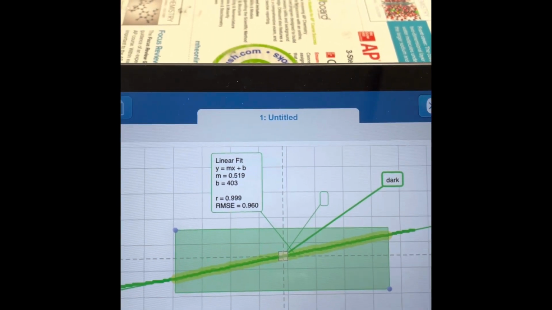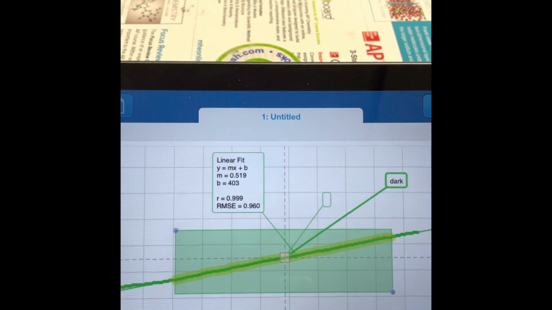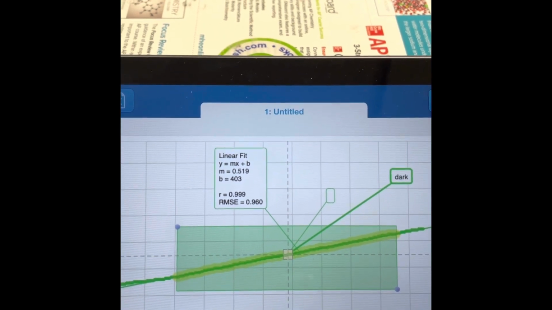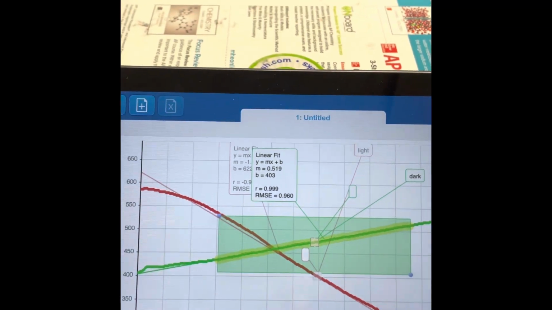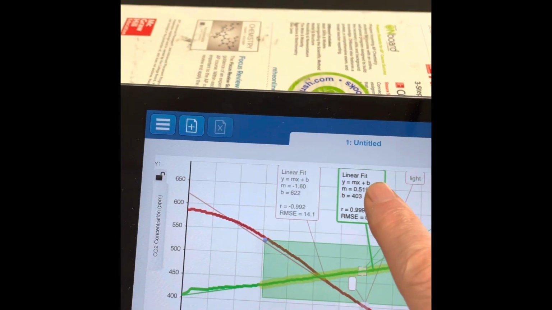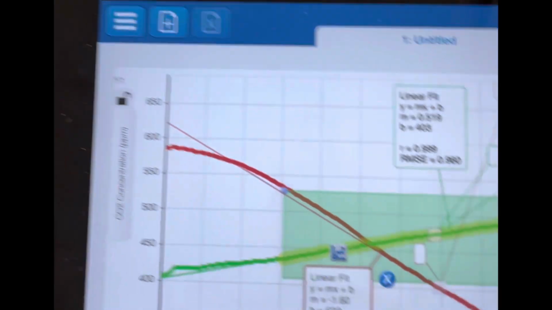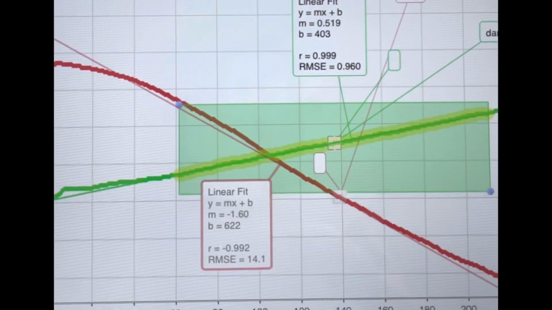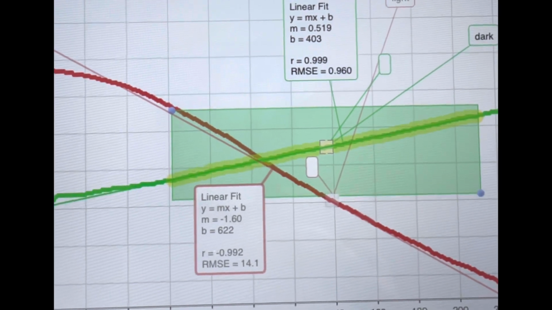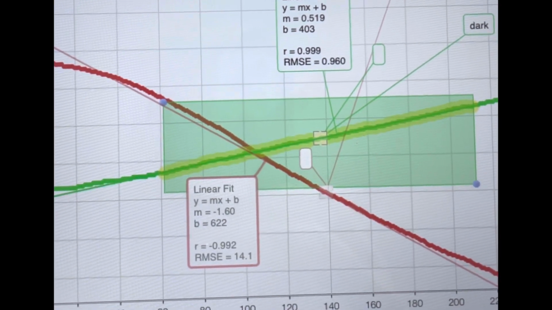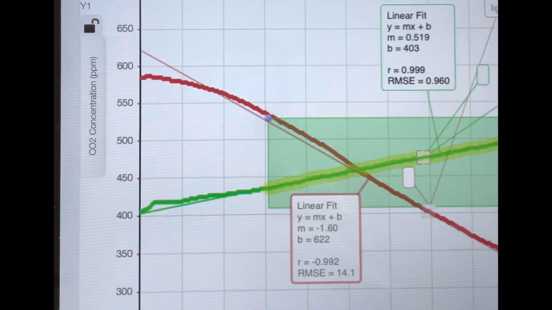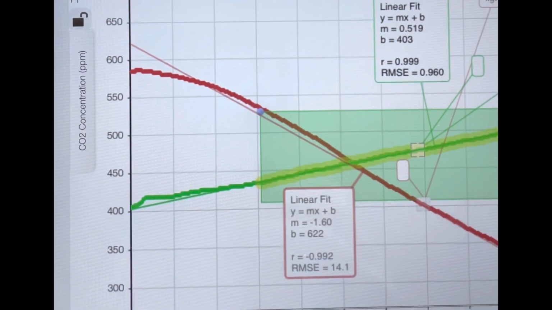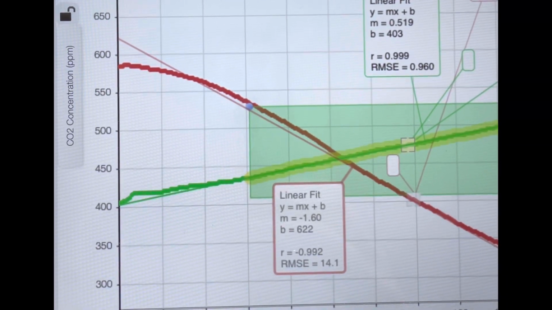So let's compare the upward slope and the downward slope. So we'll throw in the other data. So now we're comparing the upward slope and the downward slope. What is going on?